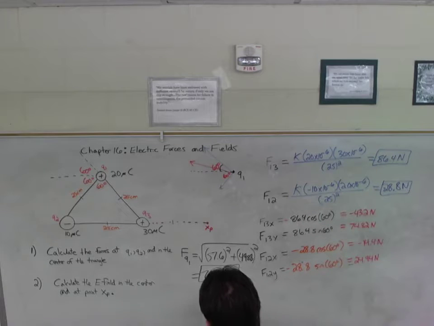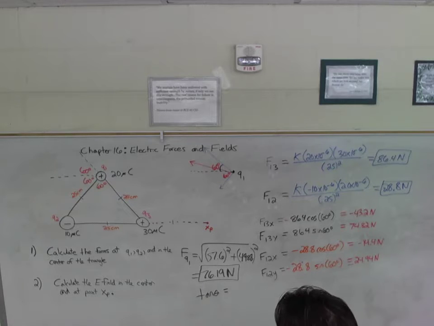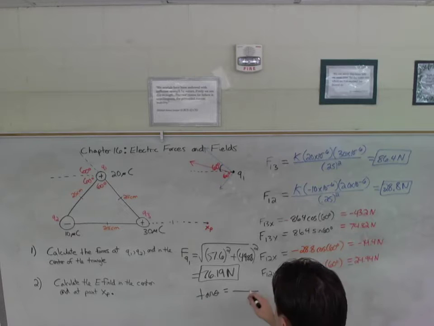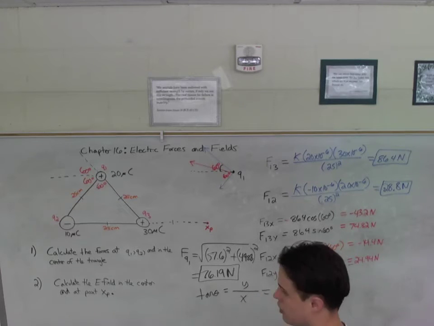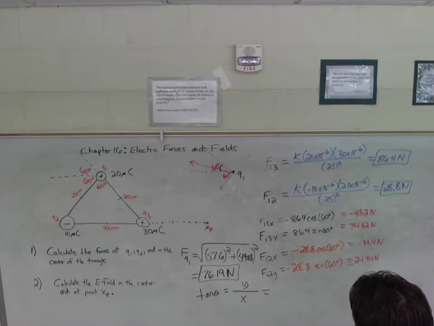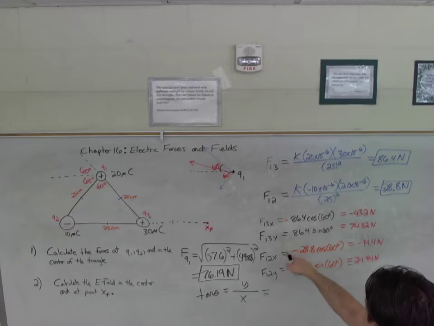Let's see. So tangent of theta is, and we have to take the x and y components, right? So let's think about this. Somehow we got to go back here and say the tangent of theta is y over x, right? So what was our y contribution?